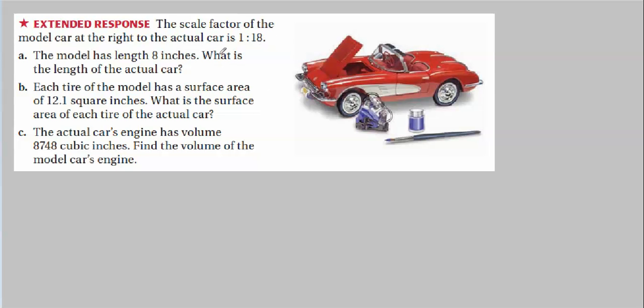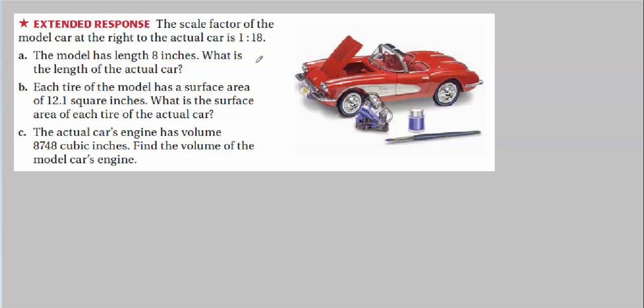Well, I think it would be 18 times 8, wouldn't it? Because 1 to 18 means that the actual car is 18 times as large. Or all the linear measurements in this model have to be multiplied by 18 to arrive at the linear measurements for the original vehicle.